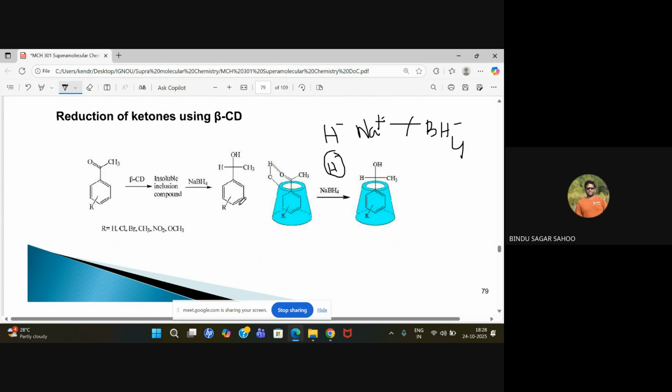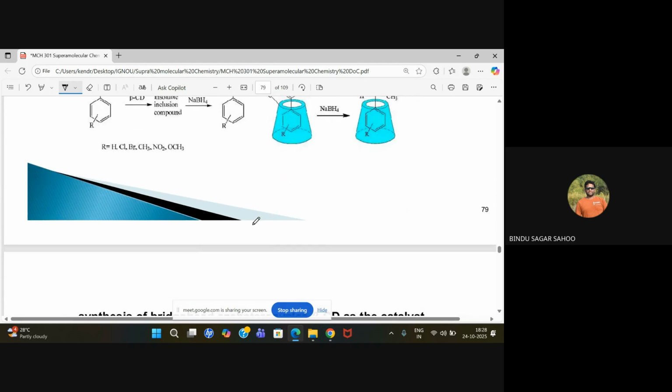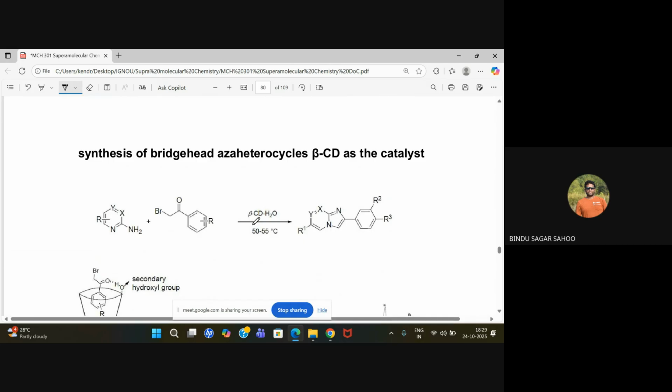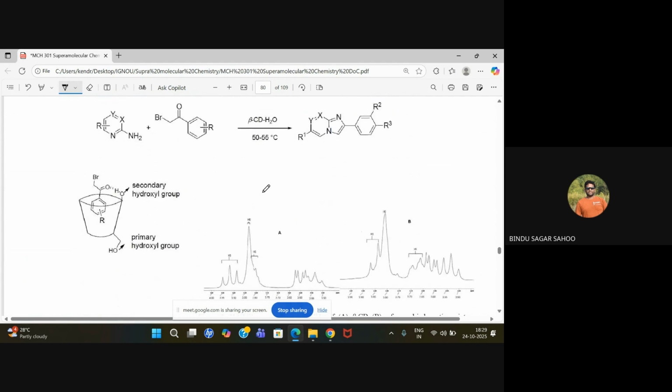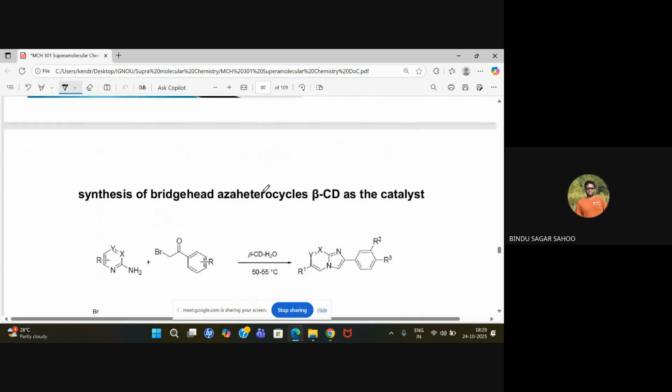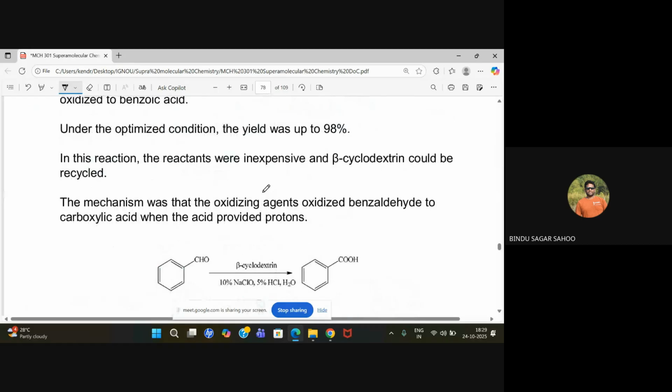So beta cyclodextrin, or cyclodextrin in particular, is very useful. It can be used as a catalyst in oxidation reactions, and it can also be used as a catalyst in reduction reactions. And some bridging complexes, it can also be used as a catalyst. So these are all the uses of beta cyclodextrin.